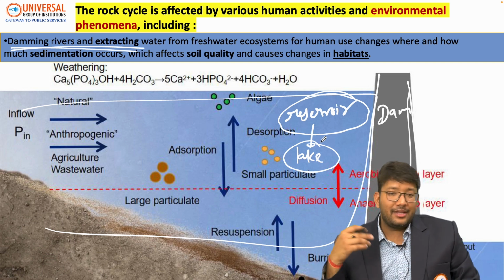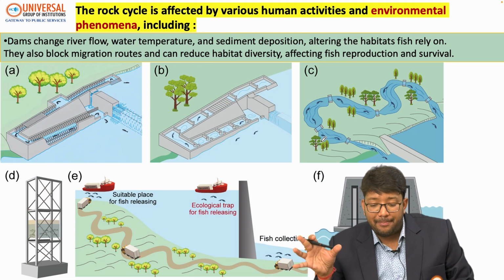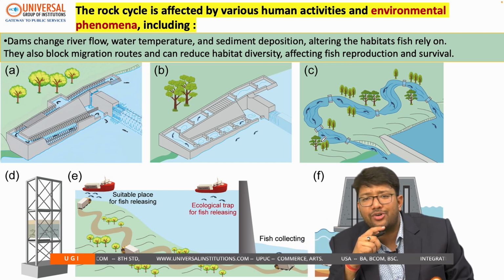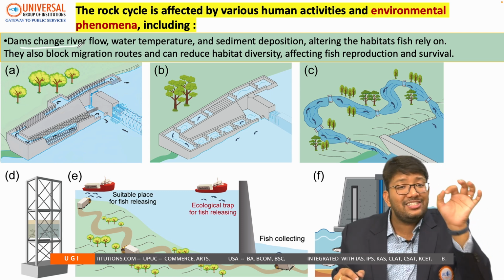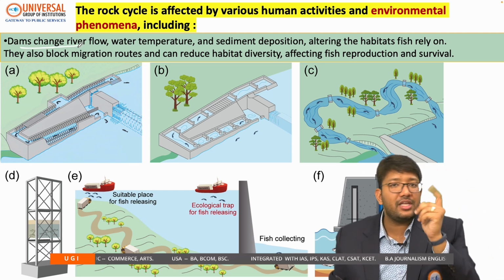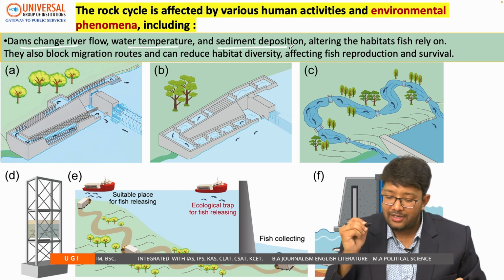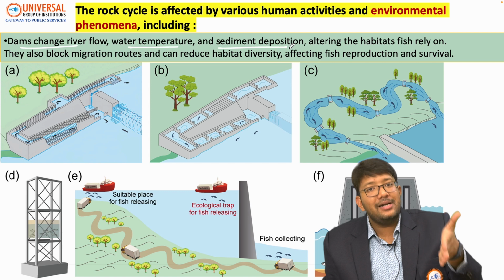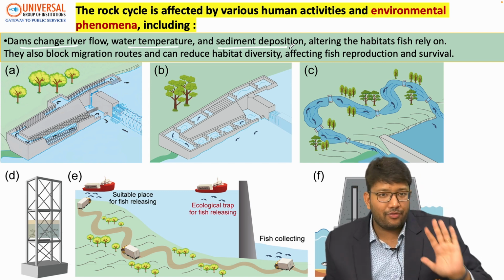Now because of dam creation on rivers, what happens? It creates a problem in the fishing habitat also. You will ask me how. So read this definition: dams change river flow, water temperature, and sediment deposition. When we construct a dam on a river, it will definitely change the river flow.